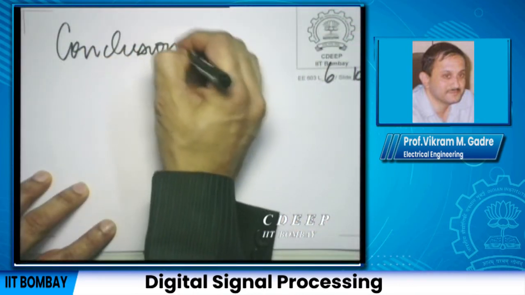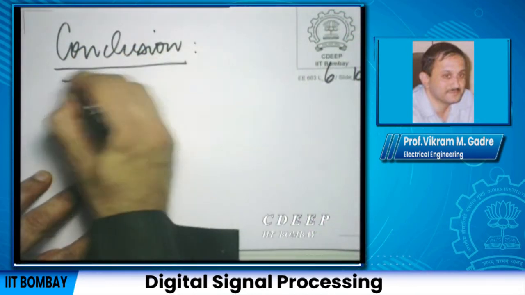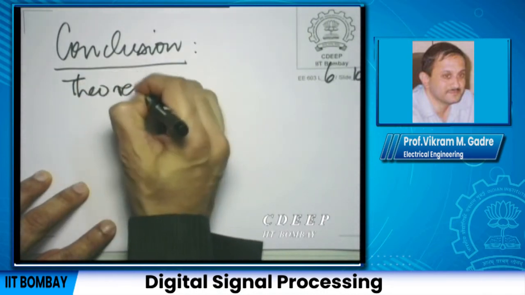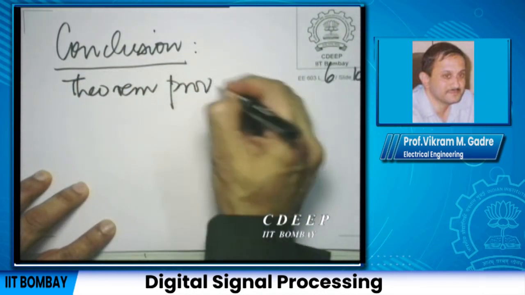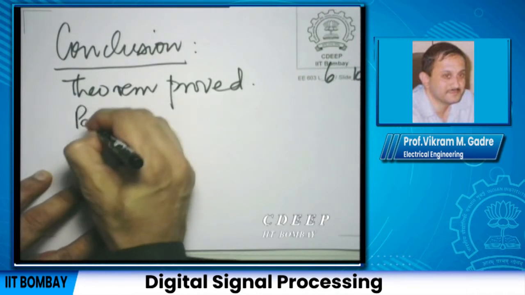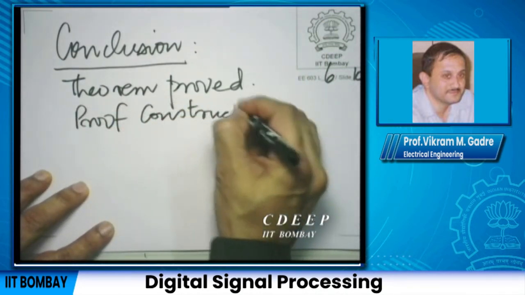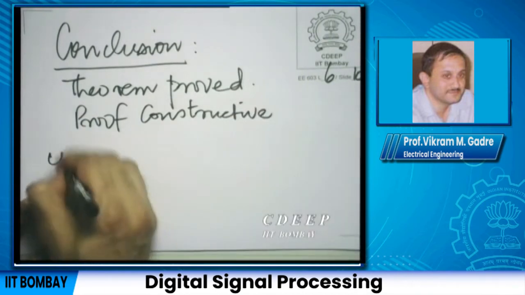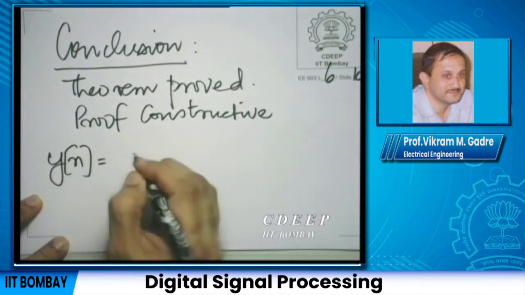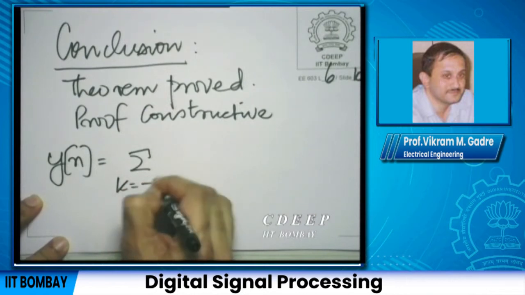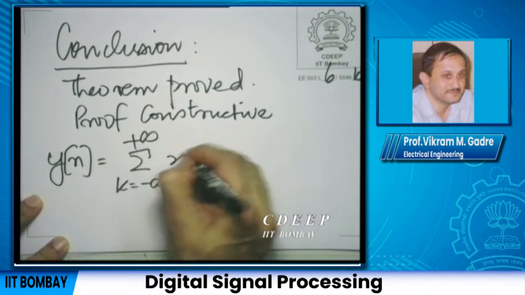So, conclusion is that the theorem is proved and the proof is constructive, in that you can actually explicitly write the output in terms of the input and the impulse response.